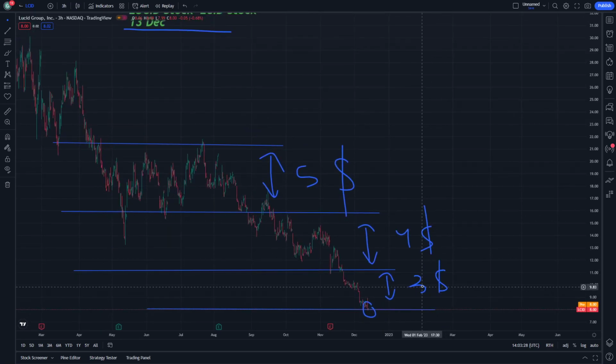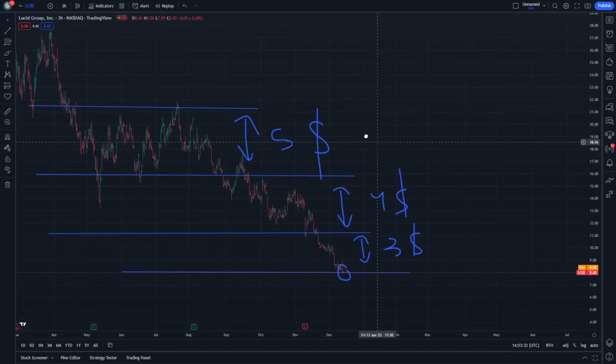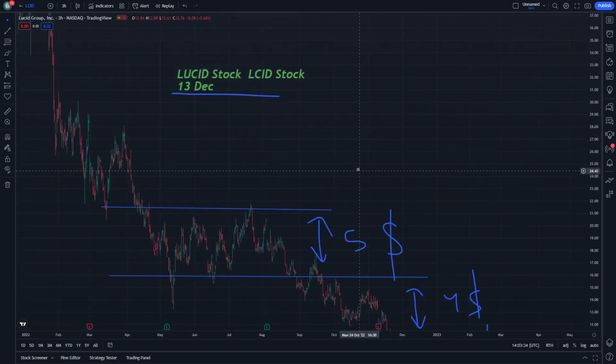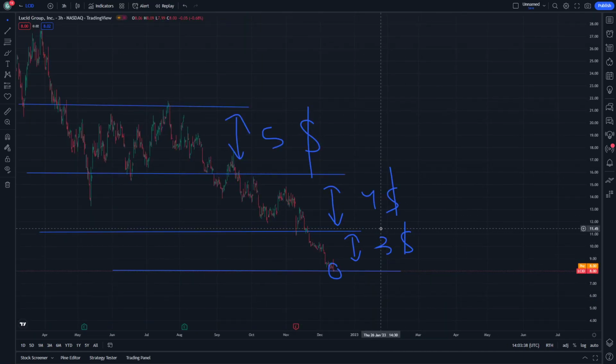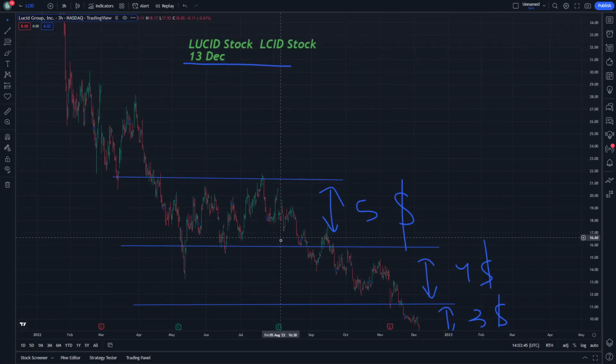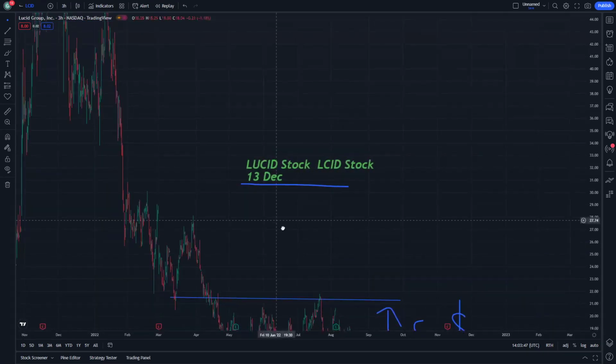That means this value should have been more than this value. But in this stock, it has a difference between this level and this level that has a value between this level and this level.